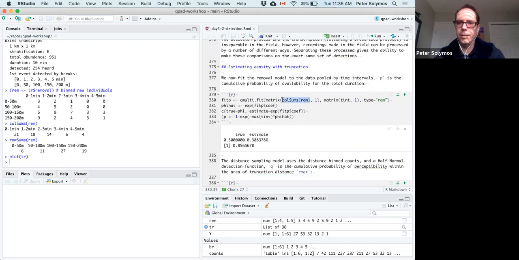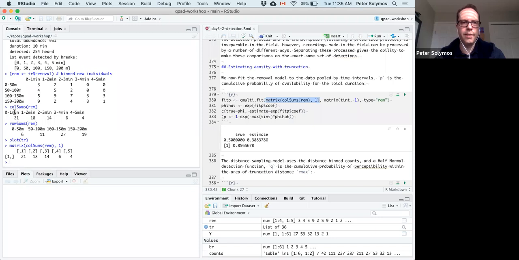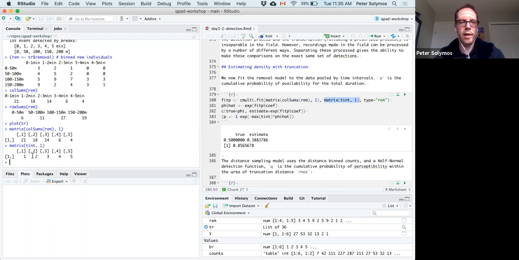So if you take the column sums and create this little matrix from it, we get these column sum numbers, 21, 18, 14, 6, and 4. And as you recall, we needed another matrix, which is going to have the endpoints for the time intervals. And with C multi-fit, we specify it's a removal model.